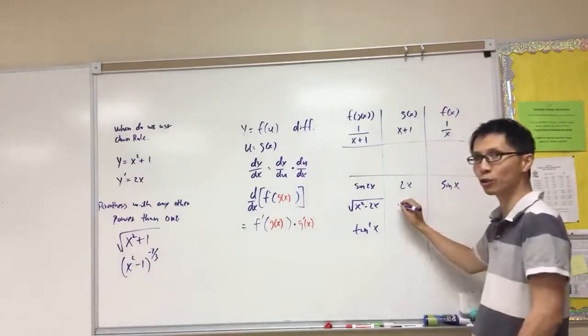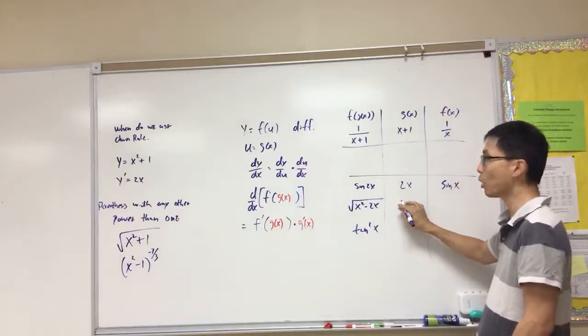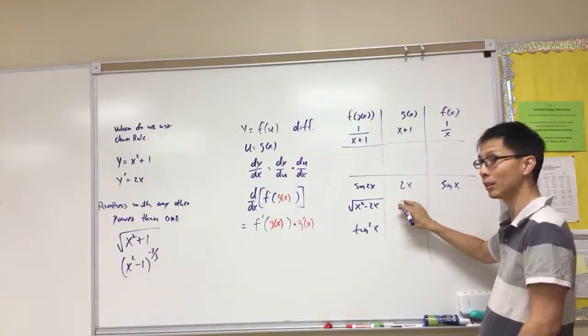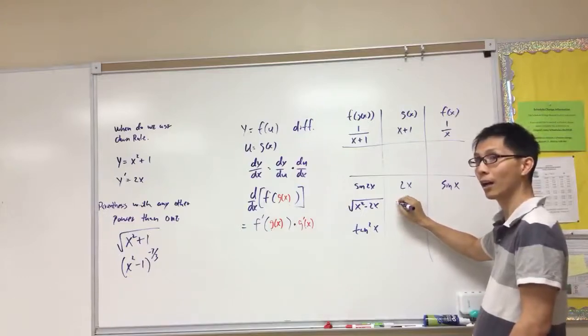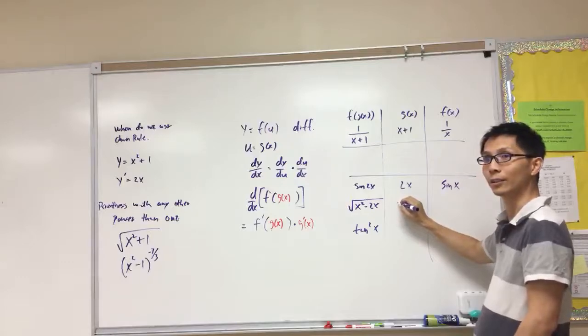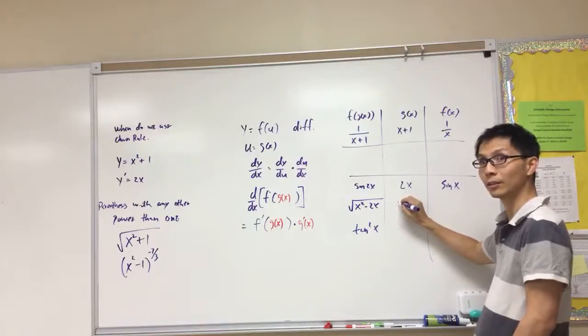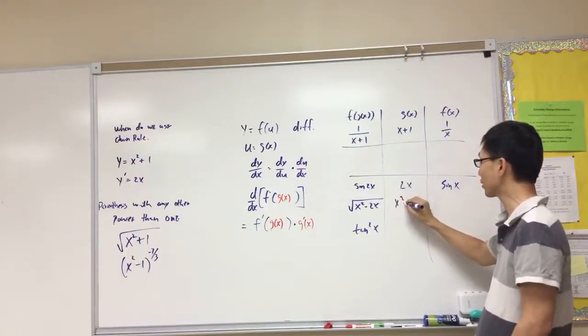Okay, so we've got a lot of things to do. So what will be a function here? Somebody help me. Natasha. Is it x minus? Elizabeth? Alden? x squared minus 2x. Good.